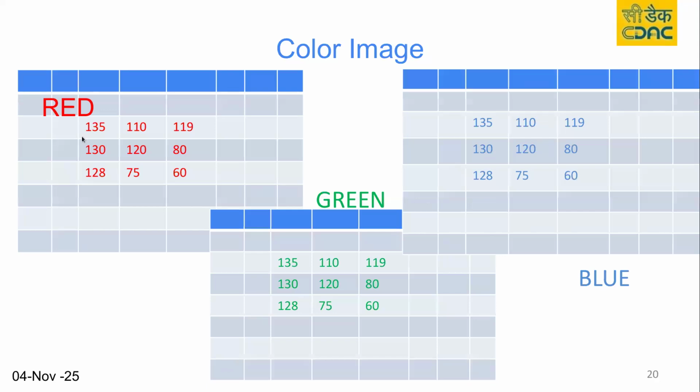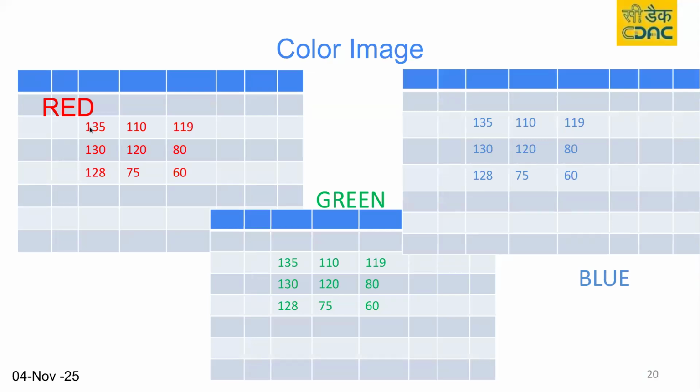Whereas for the color image, we will have three matrices: red matrix, green matrix, and blue matrix. The combination of these three matrix values will form your color image.